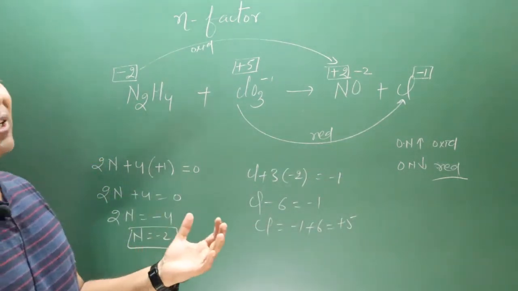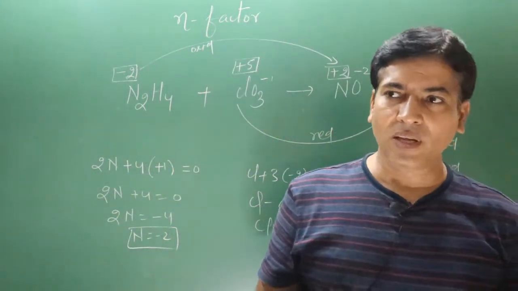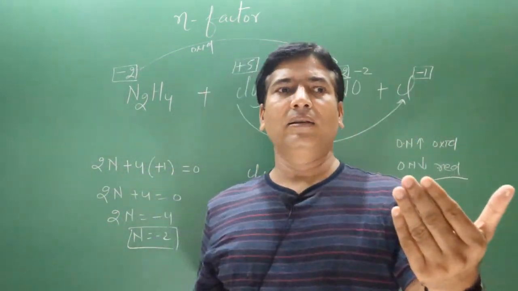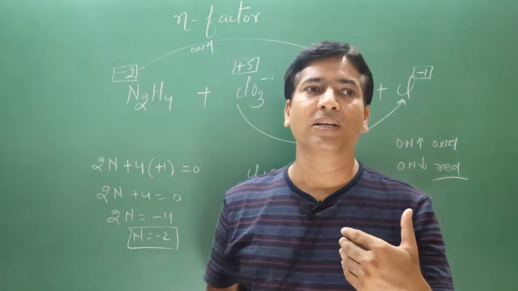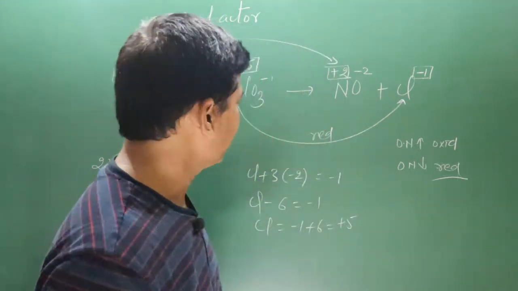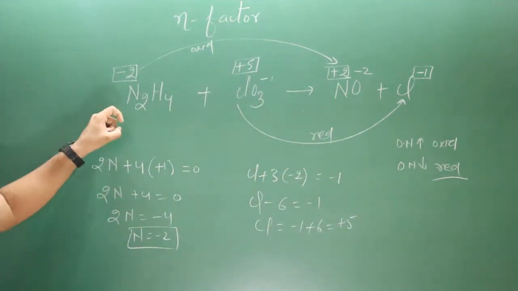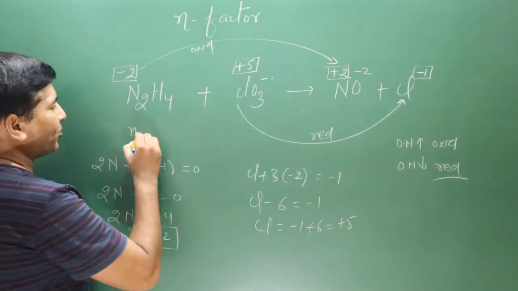Now we find out the difference in oxidation number. Always keep in mind we have to focus on the molecules in which we see how many atoms are present, for which we are going to calculate the n factor values. Now you can see we have nitrogen. For this species we are going to calculate the n factor value.